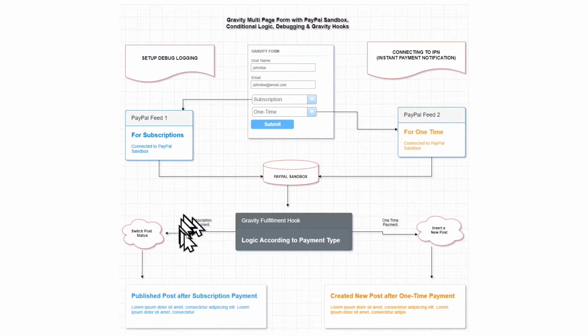And if it's a subscription one, then we just change the status of a draft post and publish it programmatically again. The whole project is basically designed to establish a proof of concept to show how much we can accomplish with a Gravity form and a PayPal Sandbox with very few simple steps.